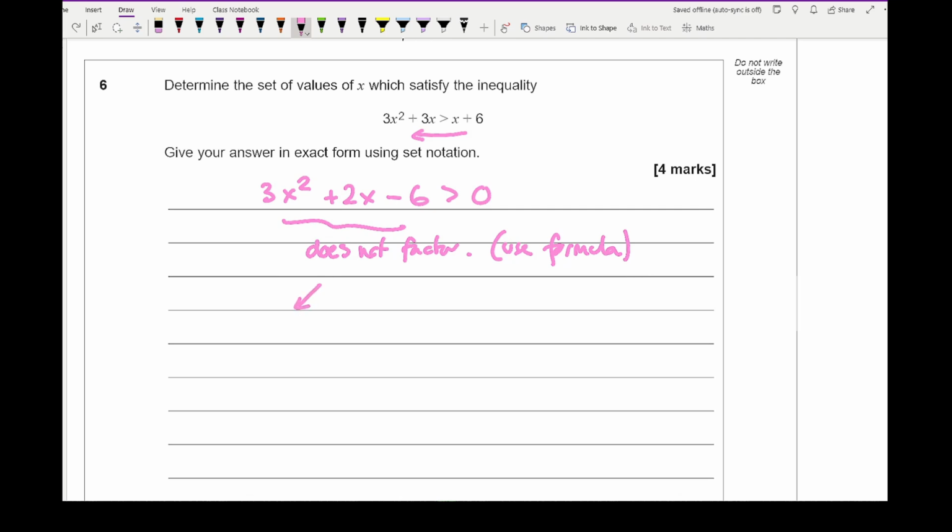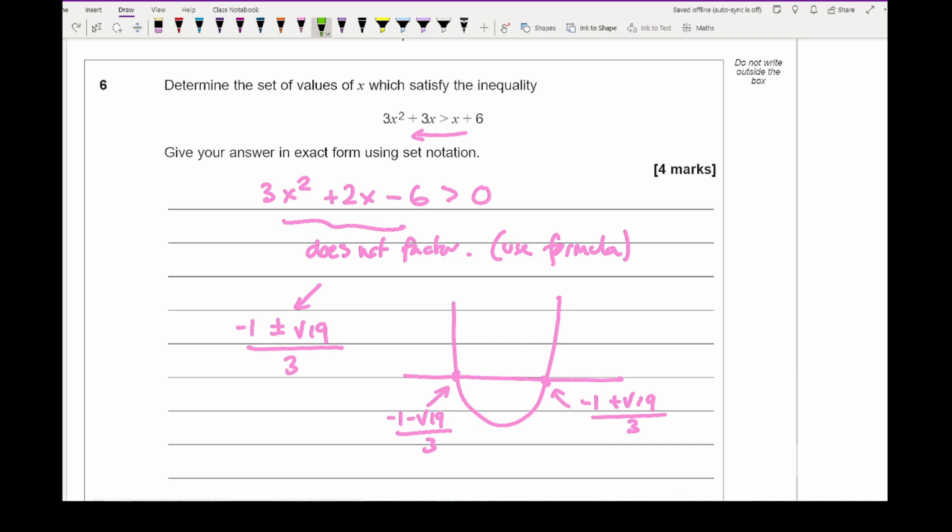So we get answers of minus 1 plus or minus root 19 over 3. Then if I draw my parabola, which we know is going to be a positive parabola, this root here is going to be minus 1 minus root 19 over 3, and this root here is going to be minus 1 plus root 19 over 3.